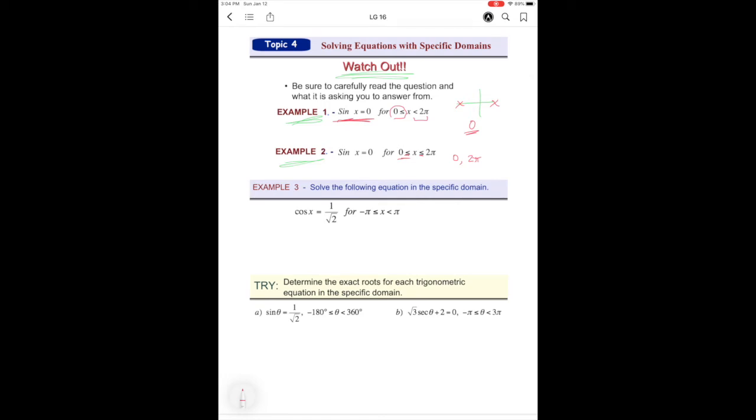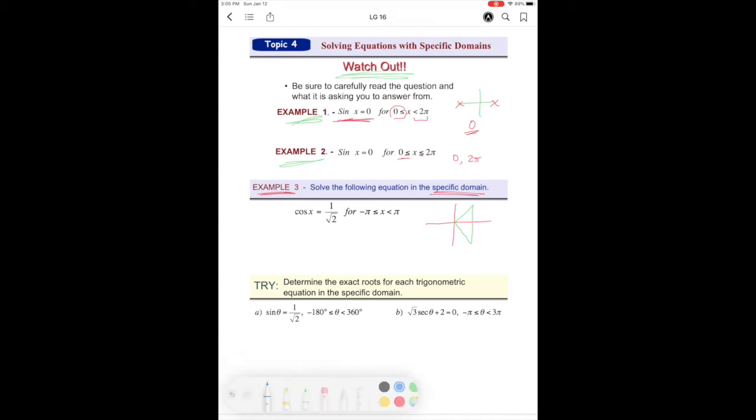So just watch out. Now I'm going to show you example 3 here, because we're going to look at some different domains. So I'm going to look at this guy here. It's the same steps we've been doing all along. We have a cos positive. Well, cos positive we know is in the first and the fourth quadrant.